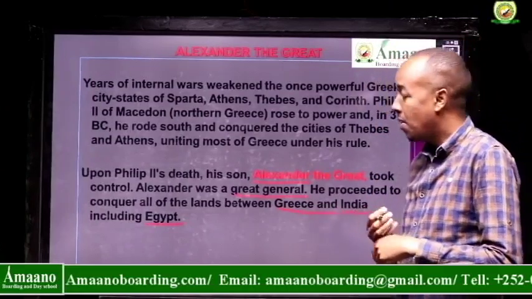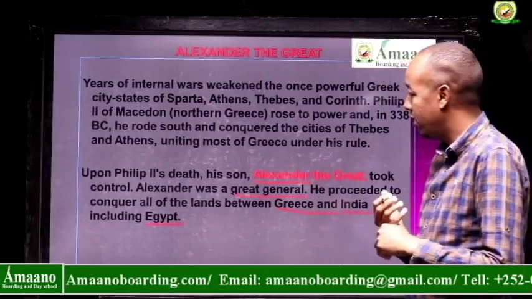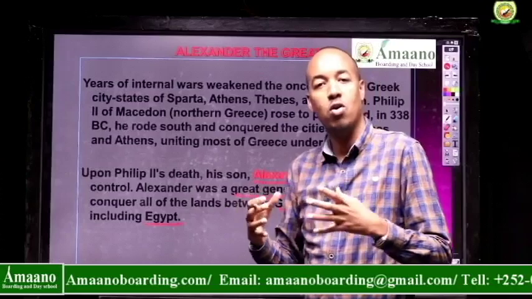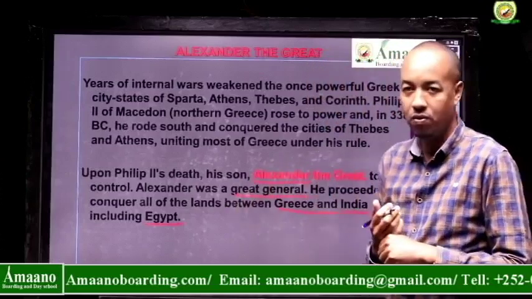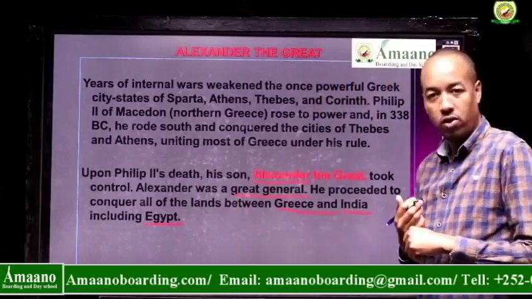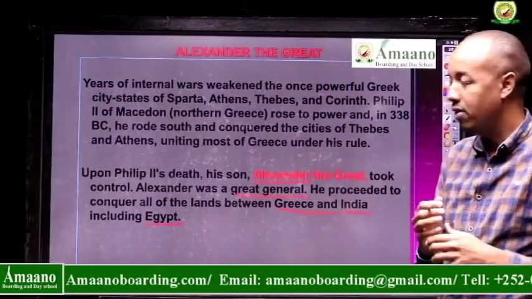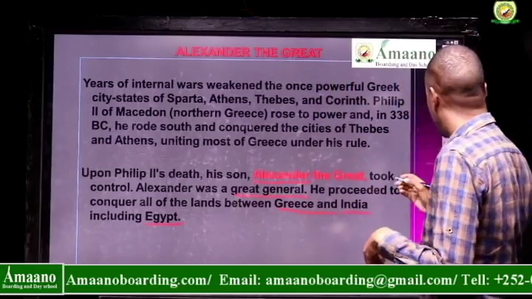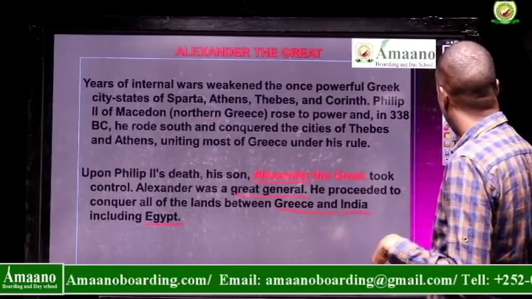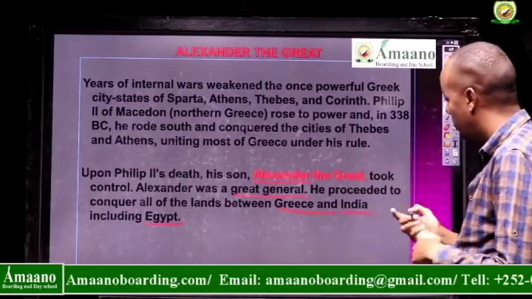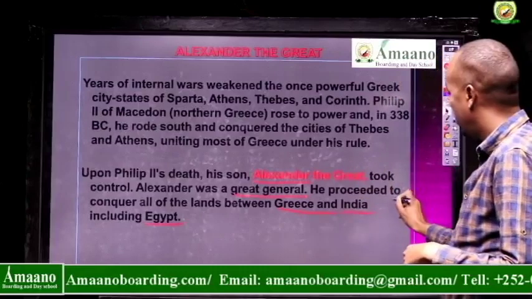Then he once again united all Greeks after his father was dead, and he embarked on conquering all of Persia. There will be three different wars between Alexander, from the Greeks, and the Persians, and we shall see them. Now Alexander proceeded to conquer all of the lands between Greece and India, including Egypt.